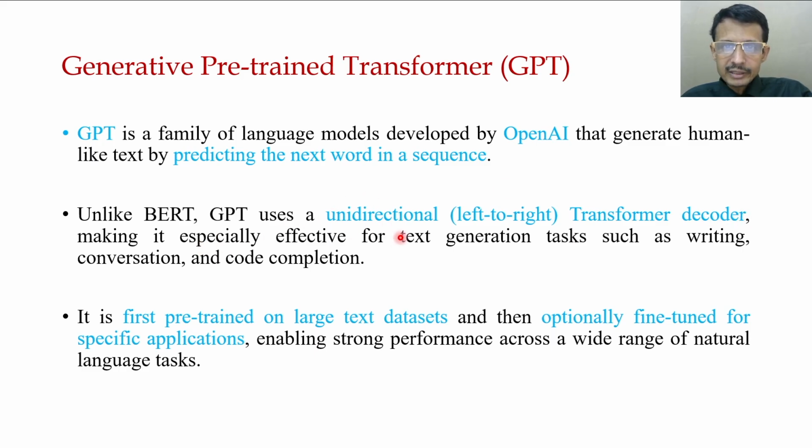This unidirectional property makes it especially effective for text generation tasks such as writing, conversation, code completion, etc., because all these tasks are basically left to right.